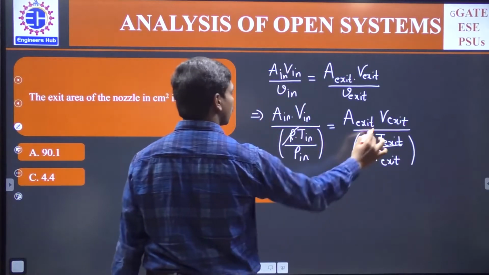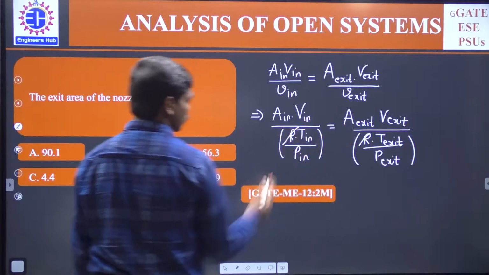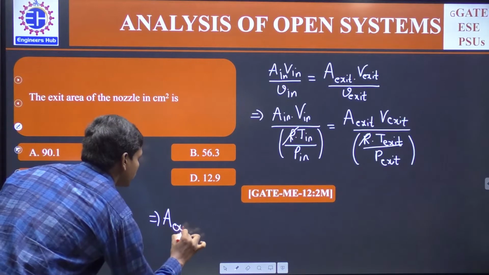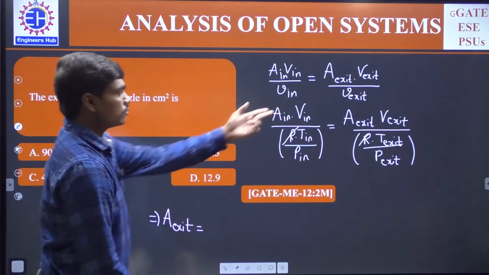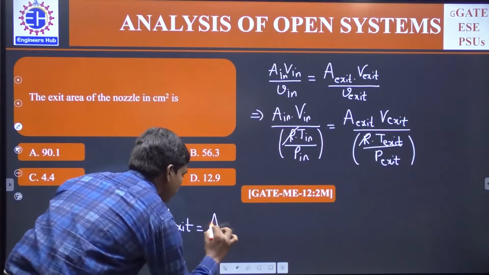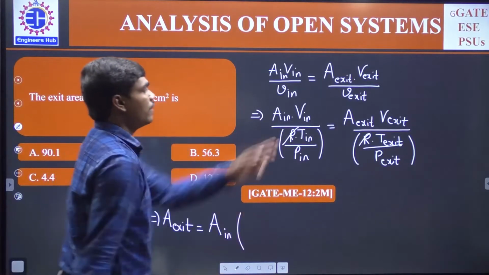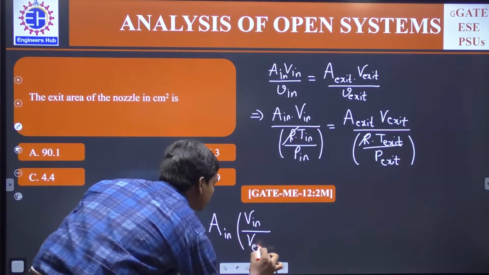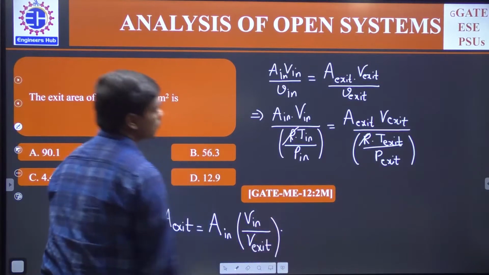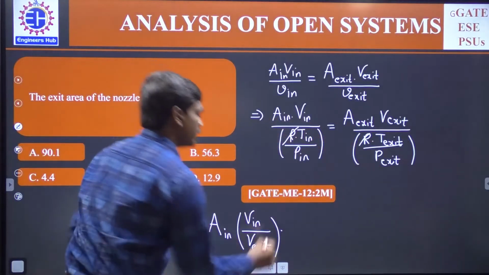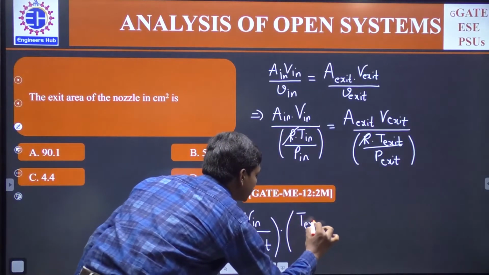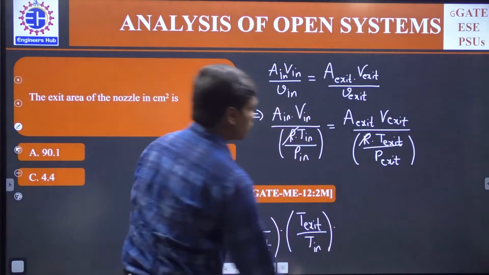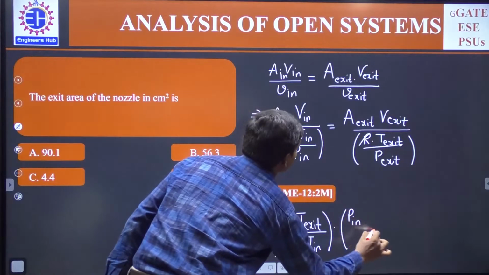If you see, this R is a constant on both sides of the equation. So if you want to write an expression for A exit, this implies A exit is equal to A inlet into V inlet divided by V exit, into T exit divided by T inlet, into P inlet divided by P exit.